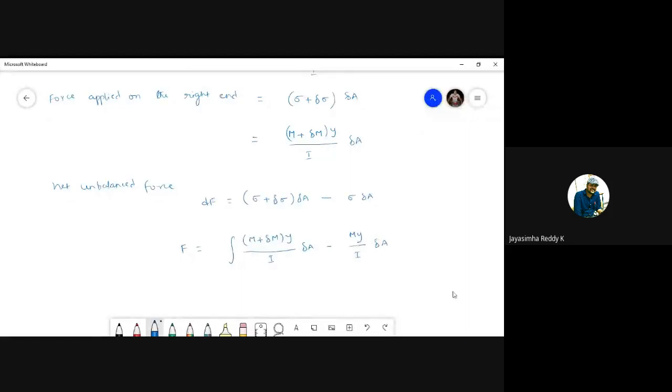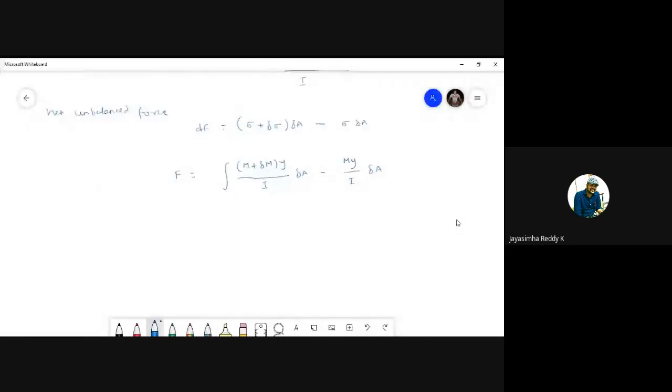I have just written what the net unbalanced force is. I can take the constant delta M by I out, so F is delta M by I times the integral over y dA. If I simplify the above equation, I get this. Delta A becomes dA when I integrate. So delta M by I into integral over y dA. This is what I have got, and I am calling it equation number 1.